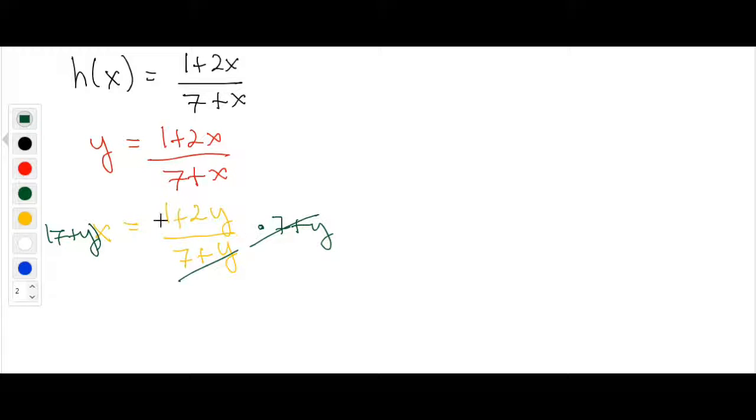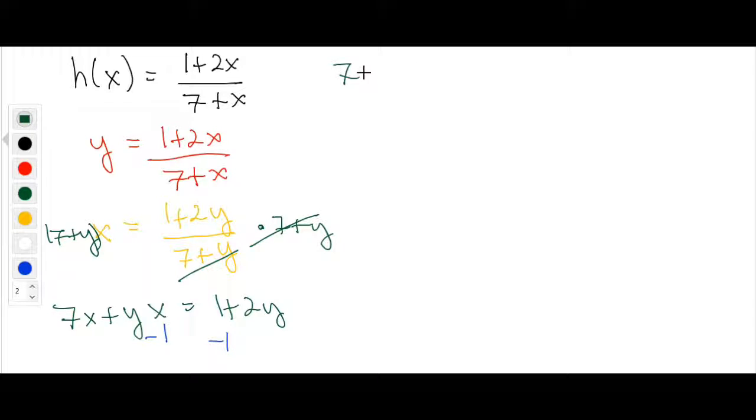Cross this out because it cancels out. And we're going to distribute this out at the same time, so fewer steps, 7x plus yx equals 1 plus 2y. And then I want to subtract both sides by 1. And I want to add, well, actually, let's do that later. Don't want to go too fast.